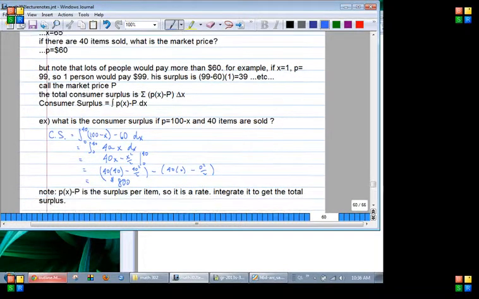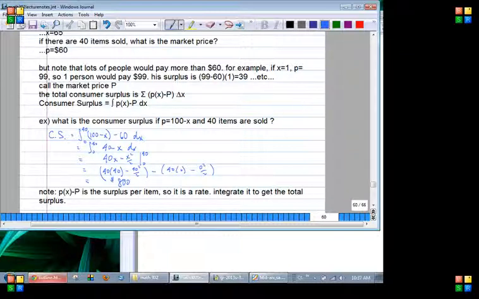So, as a side note, you could think of this in the following way. You could think of p of x minus P as the surplus for each item. So for example, for the first item sold, there's a certain surplus. For the second item sold, there's a certain surplus, et cetera.